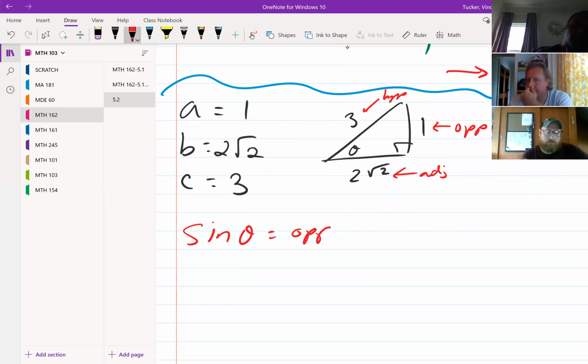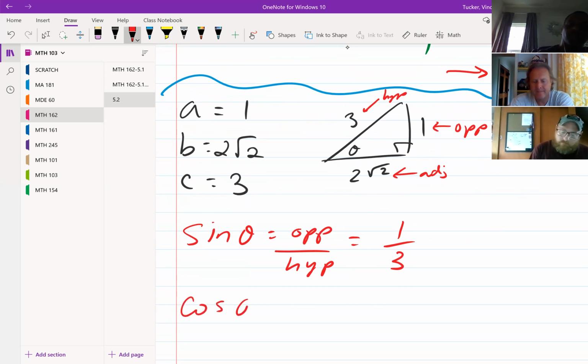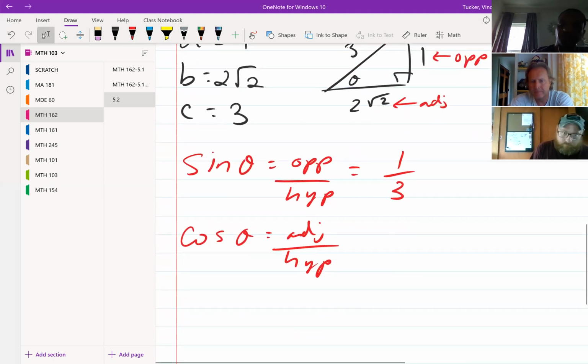Sine is opposite over hypotenuse. Remember SOHCAHTOA? So that's 1 over 3. Cosine, adjacent over hypotenuse. That's 2 square root of 2 over 3.